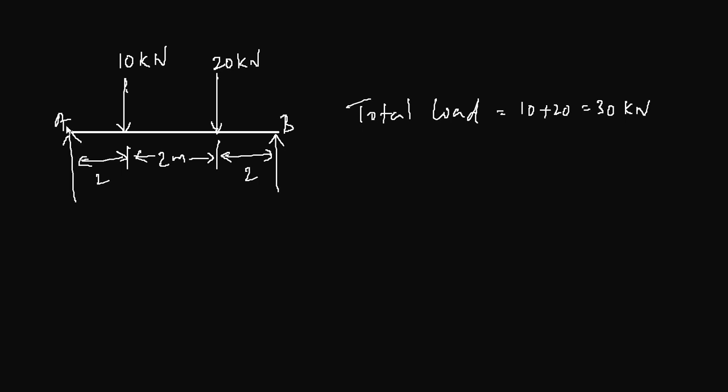When you take moment about the point A, what you have is a 10 kilonewton acting downward at 2 meter distance from A, creating a clockwise moment.